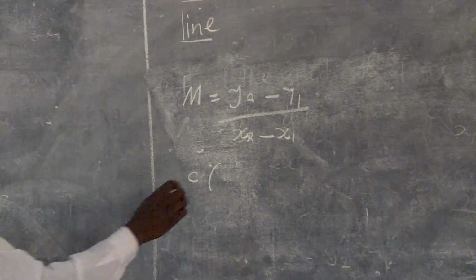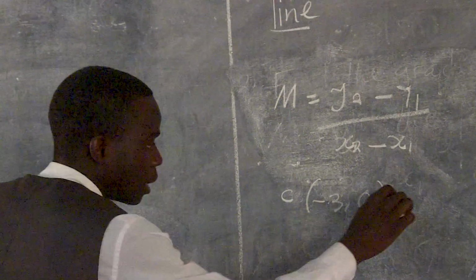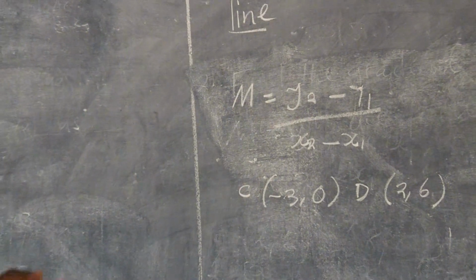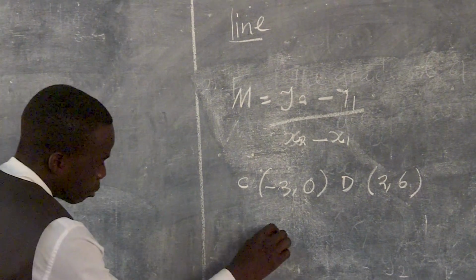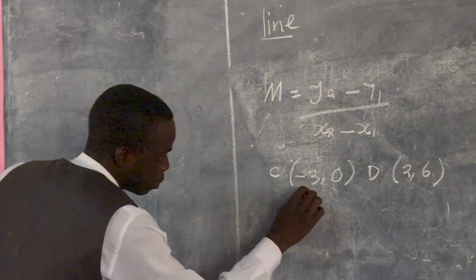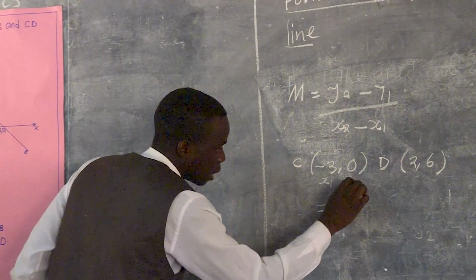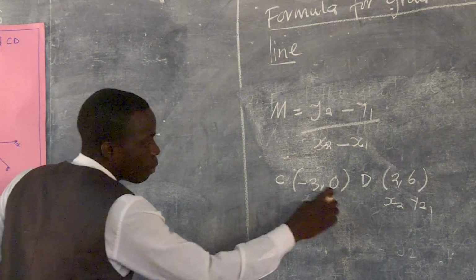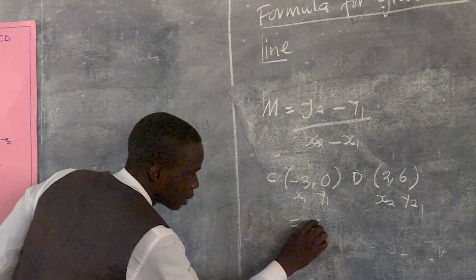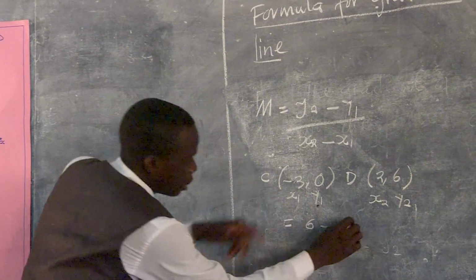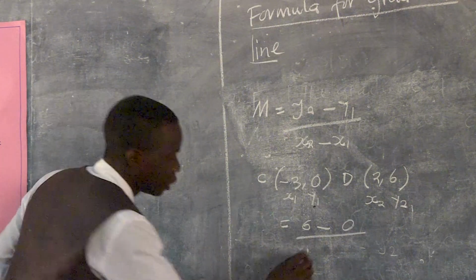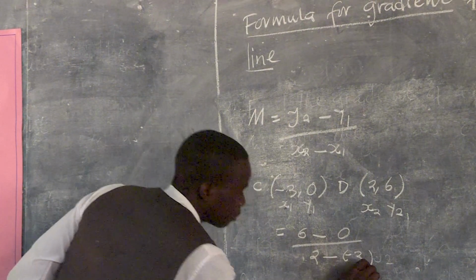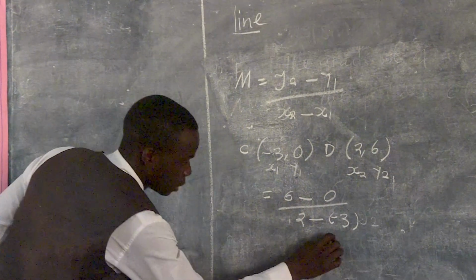After writing the formula, we need to write the coordinates of C and D. C is -3, 0. D is 2, 6. After writing the coordinates, we substitute. y2 is 6, minus y1, which is 0, over x2, which is 2, minus x1, which is -3. 6 minus 0, it is what? 6.